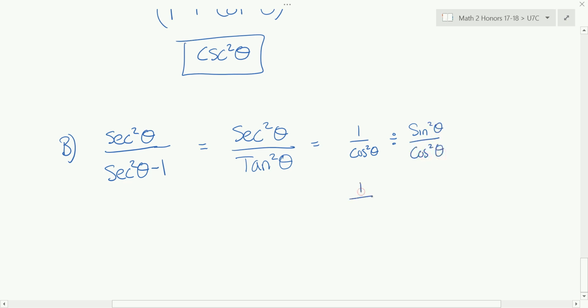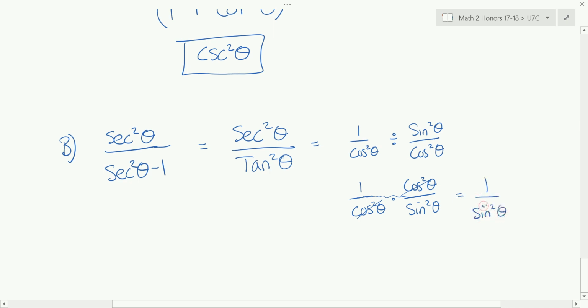And when we divide, you can change it into a multiplication problem. And when you multiply, it just ends up becoming one big fraction here, right? And we can reduce this fraction to 1 over sine squared theta.